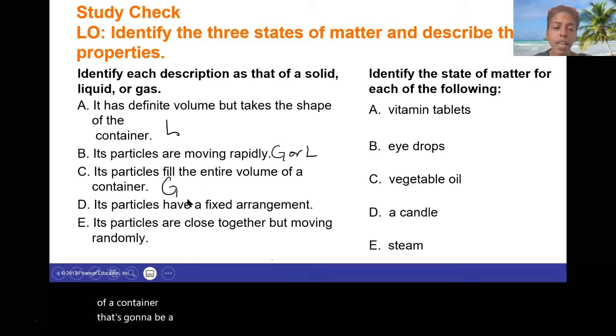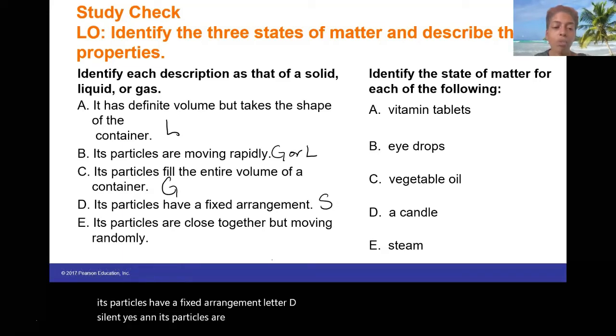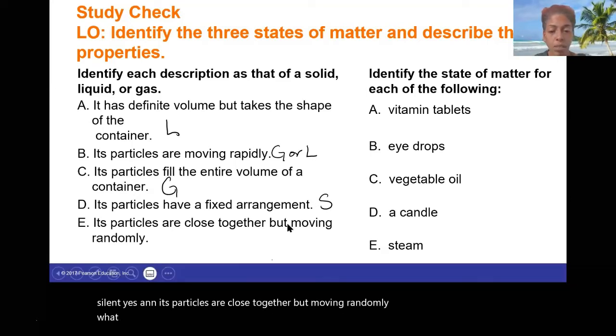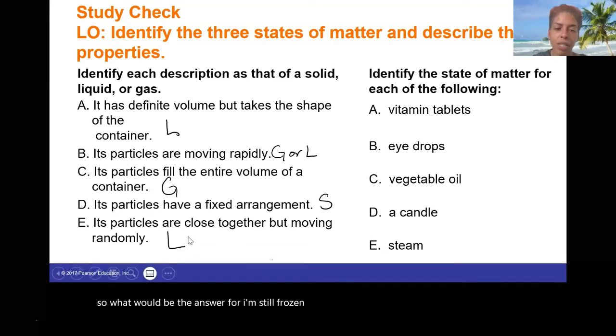Its particles have a fixed arrangement, letter D. Solid, yes. And its particles are close together, but moving randomly. What do we get for E? The answer for E is a liquid.